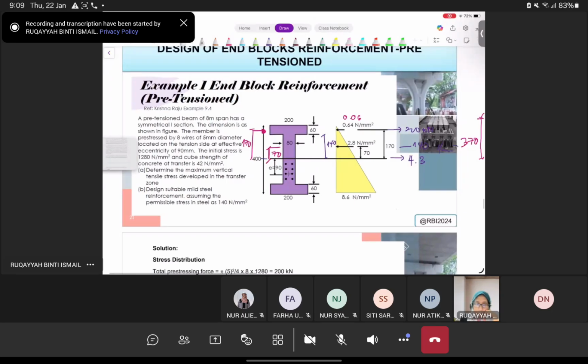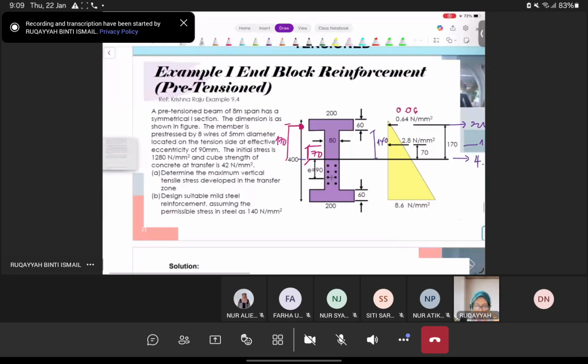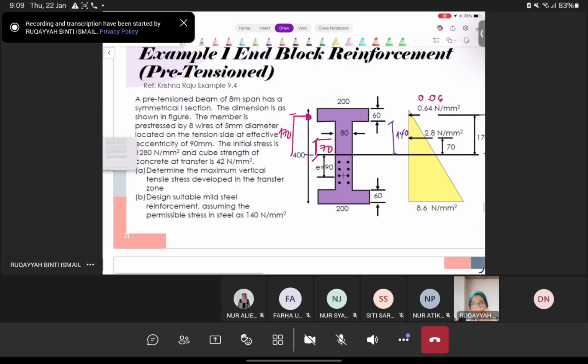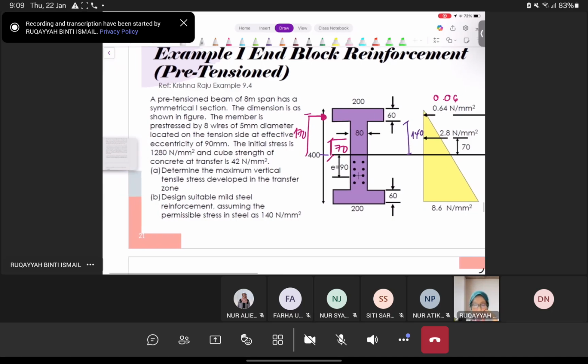All right. So this example is covering pretension. Okay, pretension beam. All right. So technically, what we see here is that the given section is an I section. Okay, I section beam. And the span, the length of your beam, is given as 8 meters. So the dimensions are shown in the figure. And the member is pre-stressed by 8 wires. So it has 1, 2, 3, 4, 5, 6, 7, and 8, okay, of 5 mm diameter located on the tension side, meaning below the neutral axis.